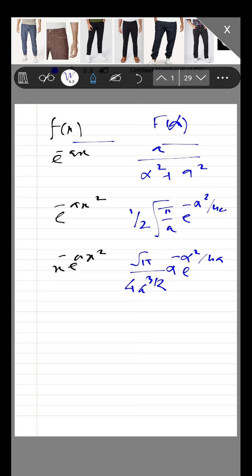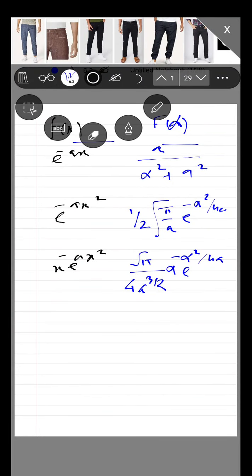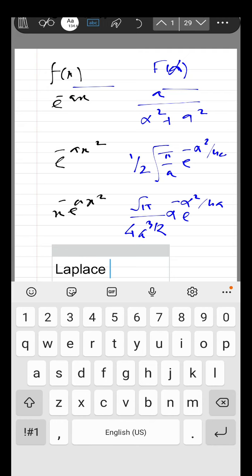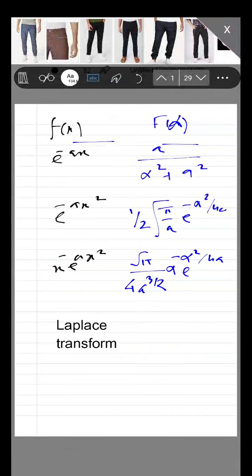Similar to Fourier transform, we have Laplace transform as well. So your next is the Laplace transform.